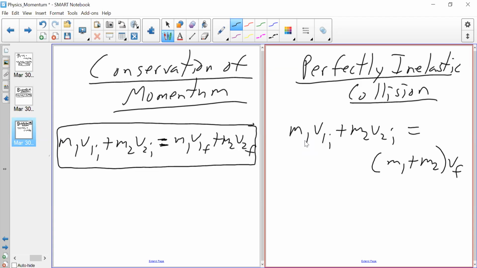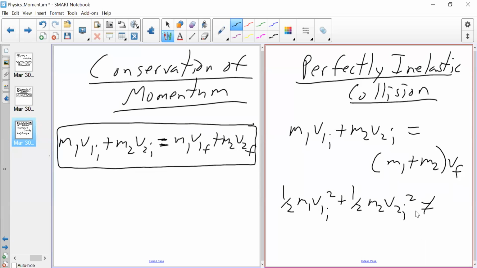So for example, this is the equation that we're going to use for question one, perfectly inelastic collision. But the energy equation, let's say kinetic energy, because it's not in the air, it's going to be all kinetic. So 1/2 m1 v1 initial squared, and that's not going to be equal.